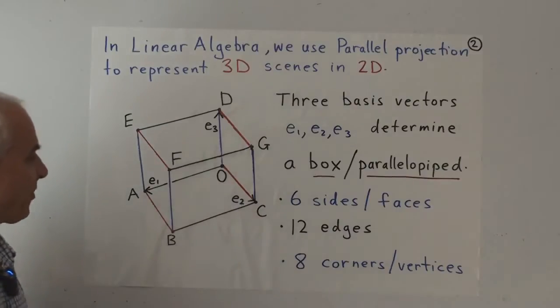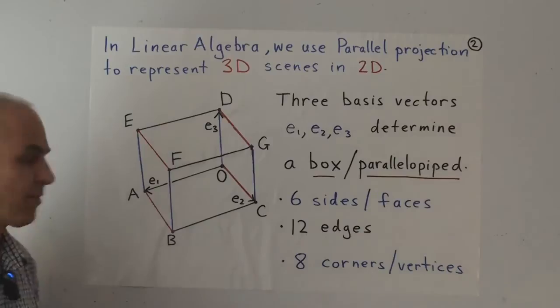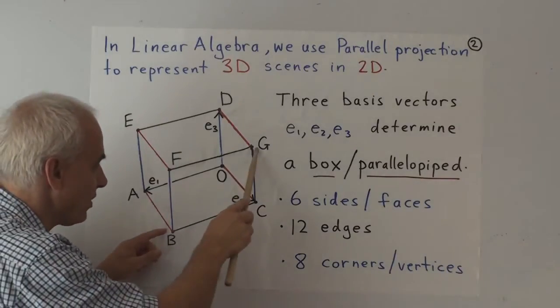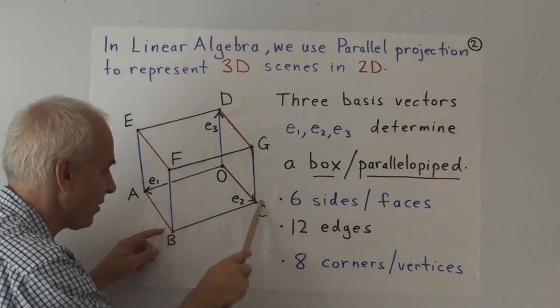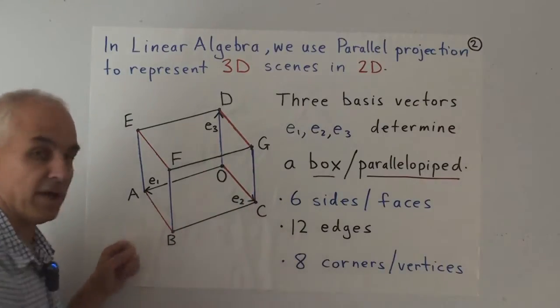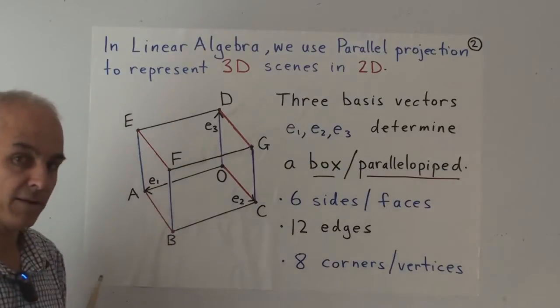So to give you an example, suppose that we want to go from G to B, that vector from G to B. How would we represent that? Well, to go from G to B, we would go down here and then across here. What is this vector here? Well, it's opposite the vector E3, so that's minus E3. And this vector here is the same as this one here, which is E1.